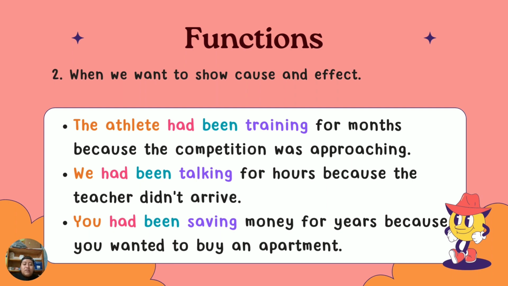You wanted to buy an apartment. This is the reason why you had been saving money for years. The subject, you, the auxiliary verbs had been, and the main verb with the ing termination, saving, and the complements.